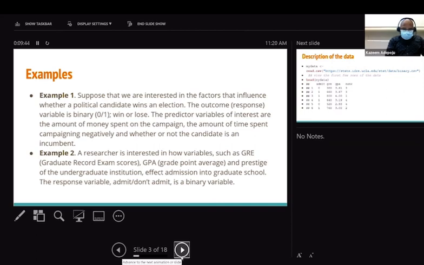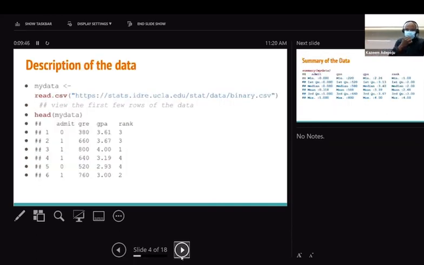Now what I want to do is use a data set from the website of the University of California at Los Angeles, because they have a data set that has to do with admission, whether you are admitted or not, that is actually coded 0 1. Take a look at that, under the admit column.